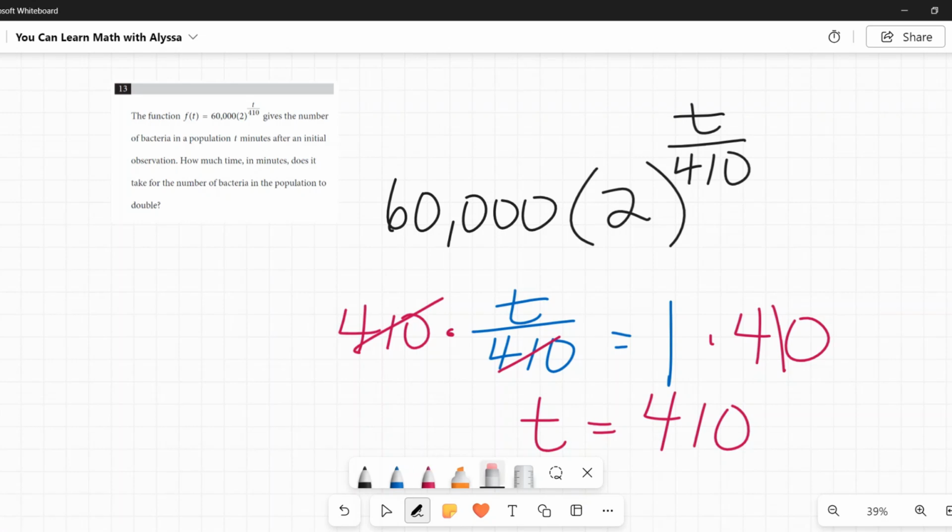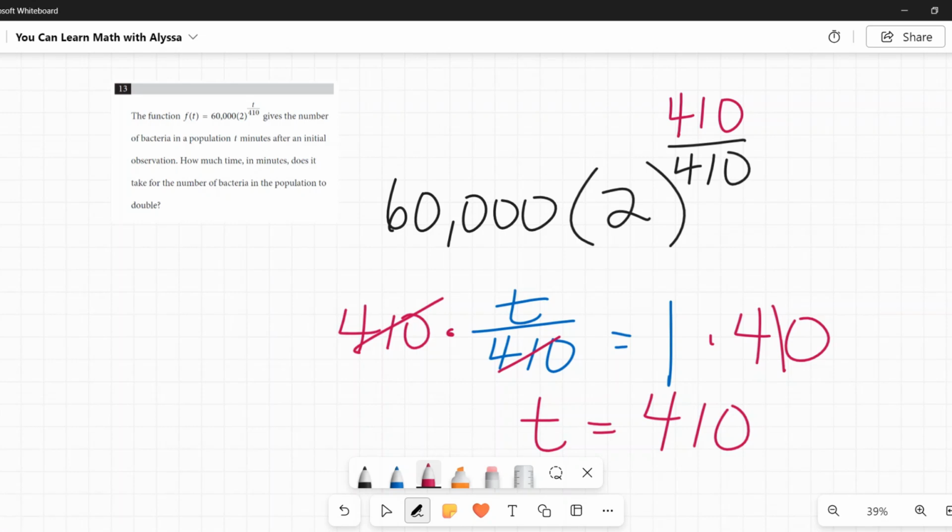And if I look up here and say, does that work? Let me plug 410 in for t. 410 divided by 410, any number, any real number besides 0, if I divide it by itself, I'm going to get 1.